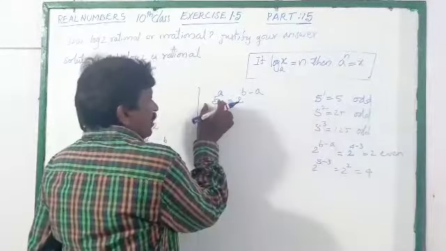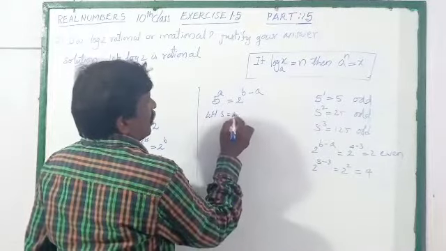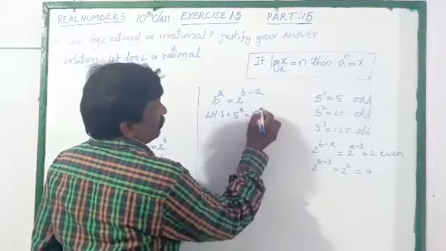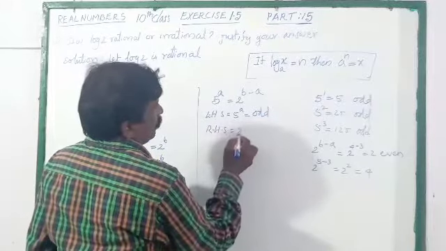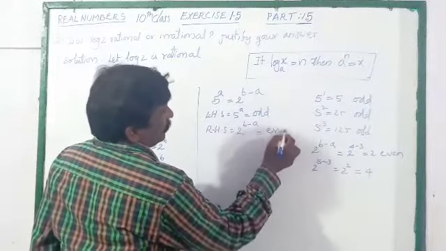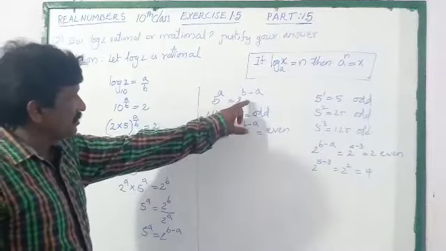So this is the LHS, 5 to the power a, is an odd number. So RHS, 2 to the power b minus a, for any number, is an even number. So both are not equal. This is odd, this is even.